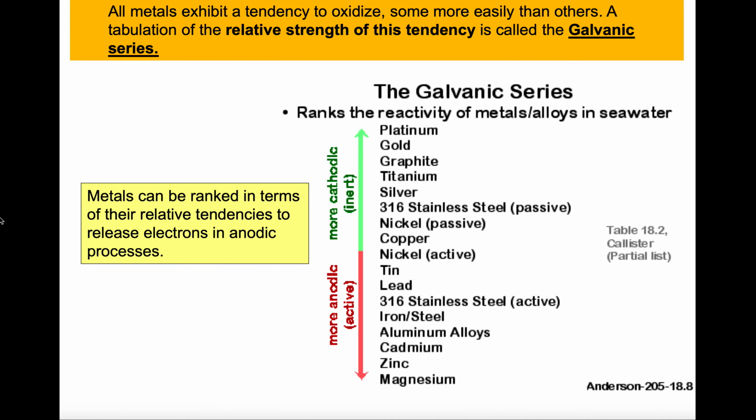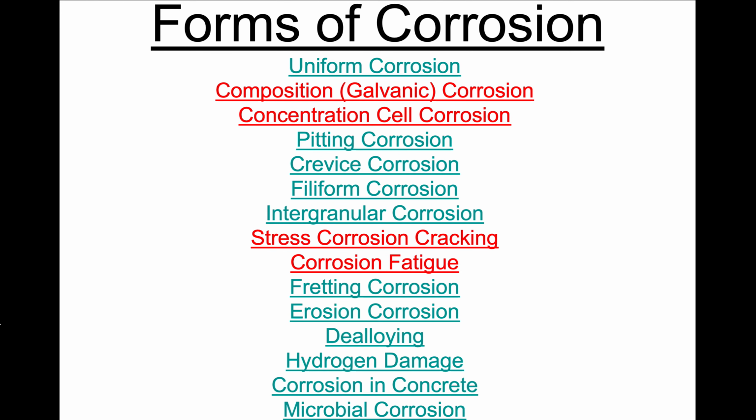This is very important. We're going to use it in multiple locations to understand how corrosion is taking place. Now the forms of corrosion, which we're going to call corrosion cells. This is a list of all the possible types of corrosion, and we can see there are a lot of possibilities. We are going to focus on composition corrosion, concentration cell corrosion, and stress corrosion cracking.